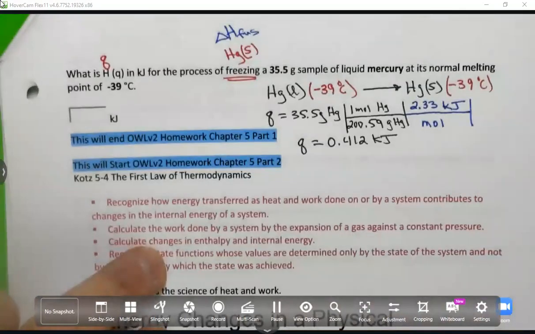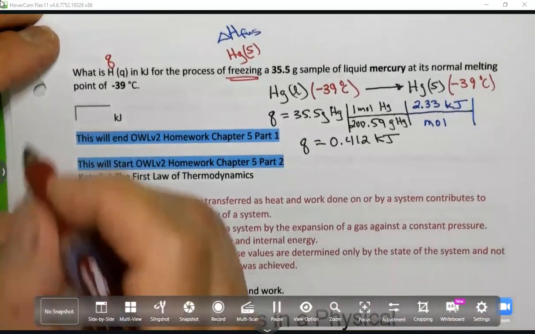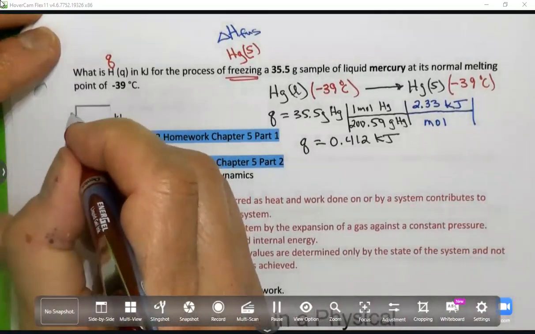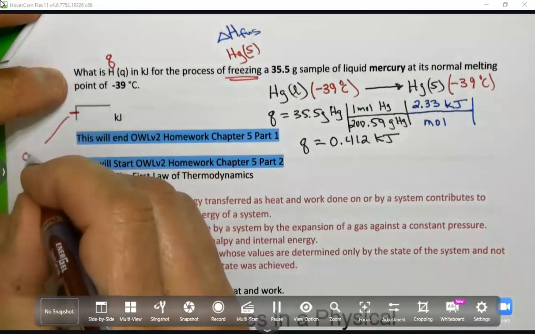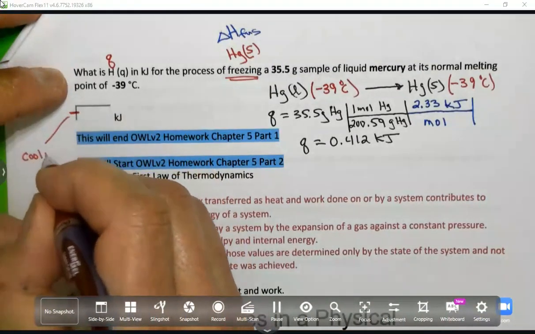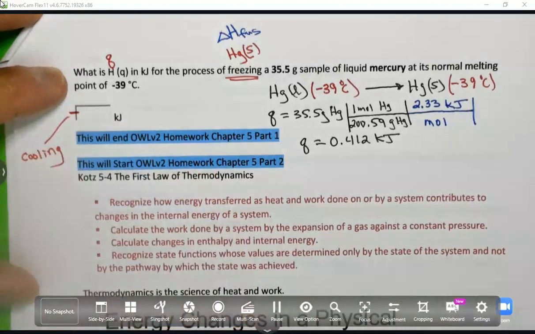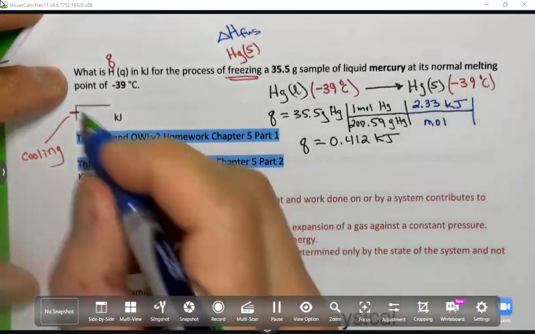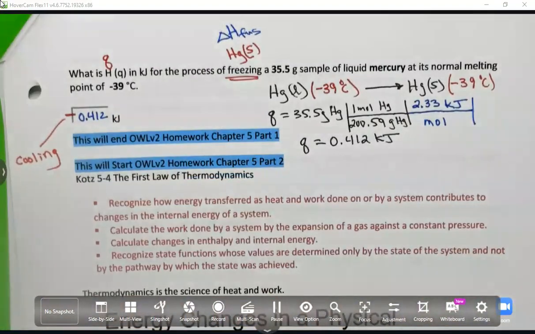We're cooling this down. So when you put your answer in OWL, you're going to have to put in a negative, because we're getting energy out. We're cooling it. Negative 0.412.